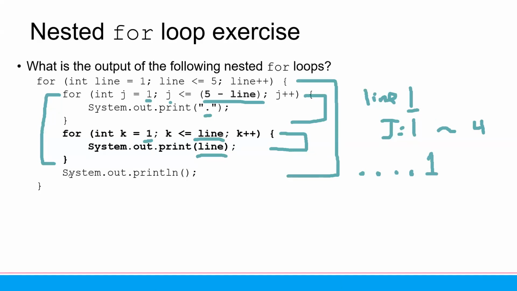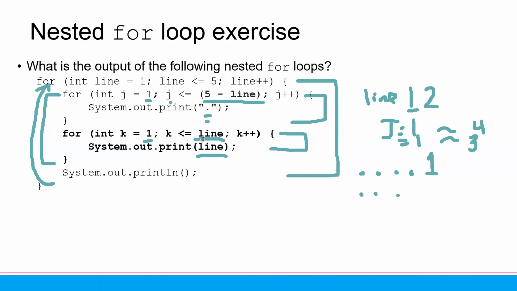After we finish this, we will go back to the initial for loop. Now it becomes 2. When it becomes 2, j will start from 1 and it will go until 5 minus 2. So it will go until 3. Then there will be 3 dots.